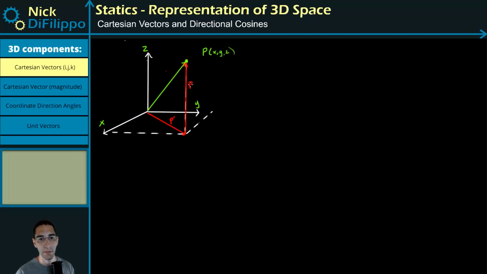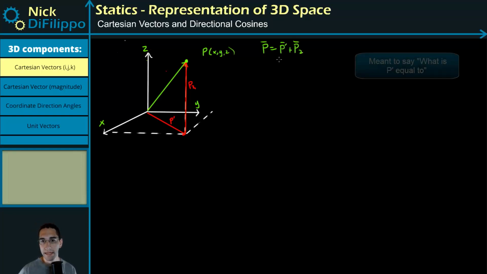So this right here will be vector Pz. So my vector P, one way I can write this, these are all vectors, is equal to P prime plus Pz. And that's just vector addition.